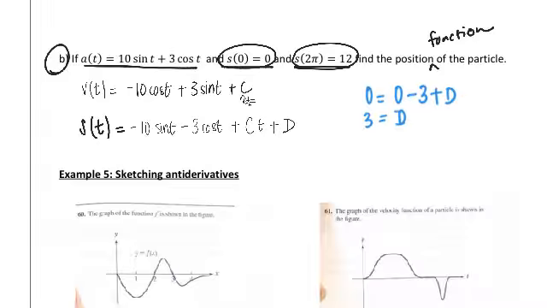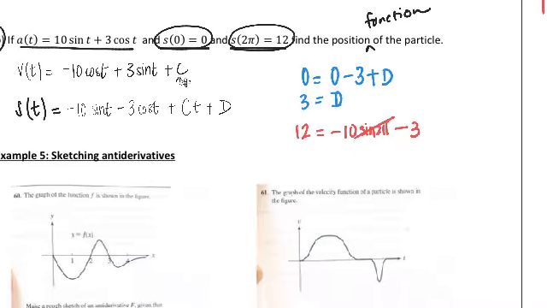And then I can put in the other one. So for S of 2 pi is 12, I'll go 12 is equal to negative 10 sine of 2 pi, so that's 0, minus 3 cosine of 2 pi, so that's minus 3, because cosine of 2 pi is the same as cosine of 0, plus c times 2 pi.